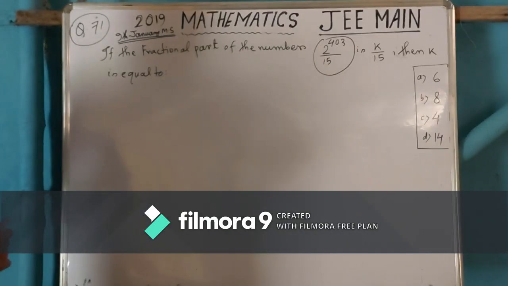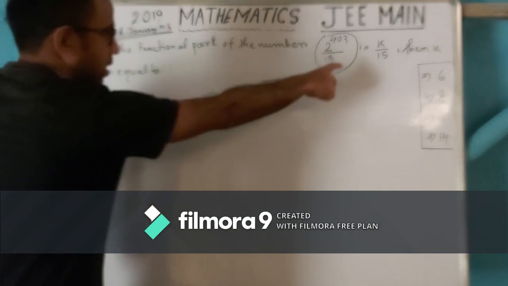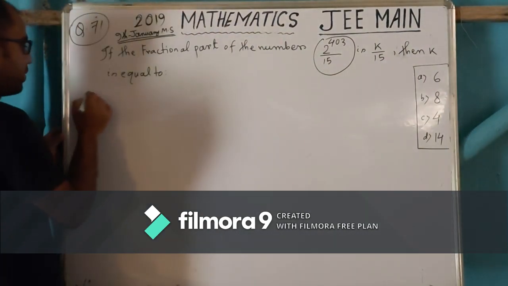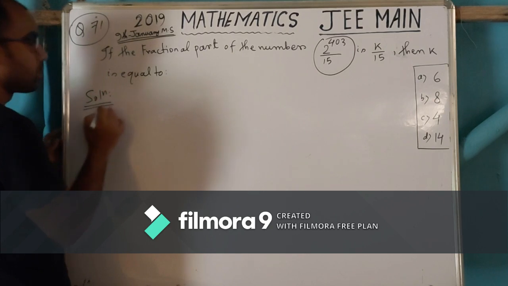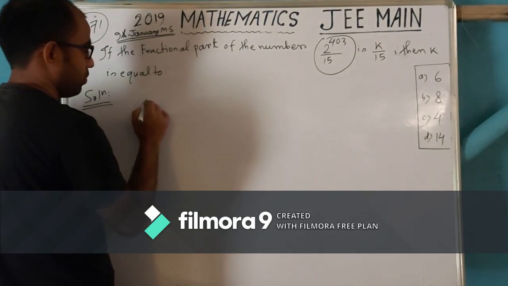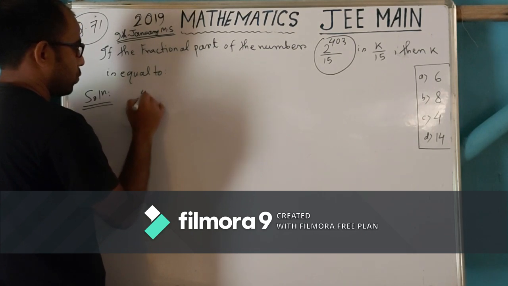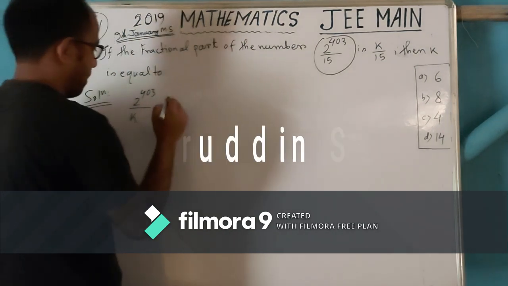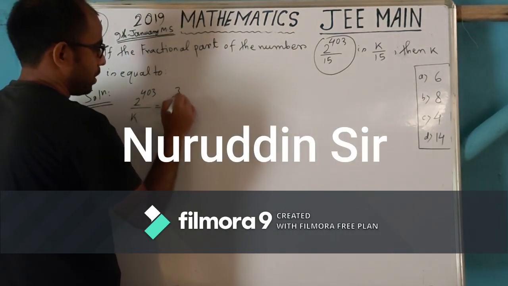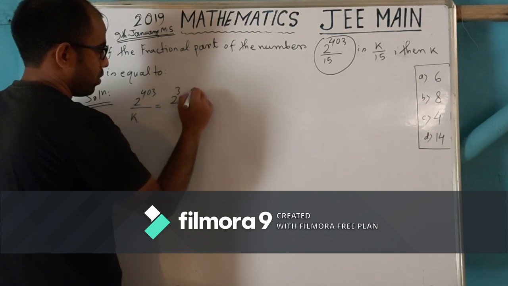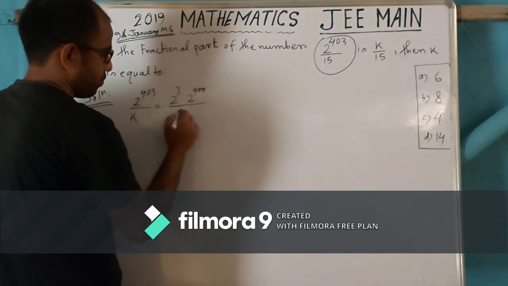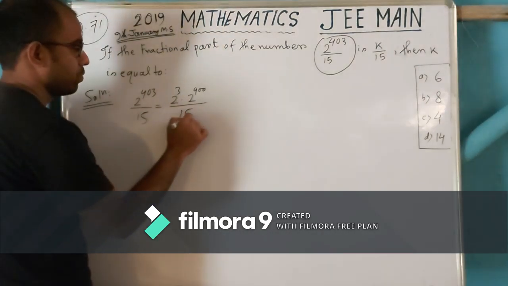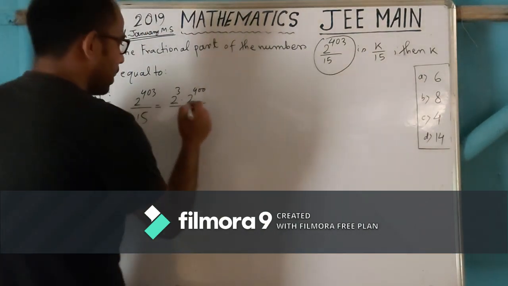So how can we find the fractional part, the value of k? First write 2 to the power 403 by 15, which can be written as 2 to the power 3 into 2 to the power 400 by 15.